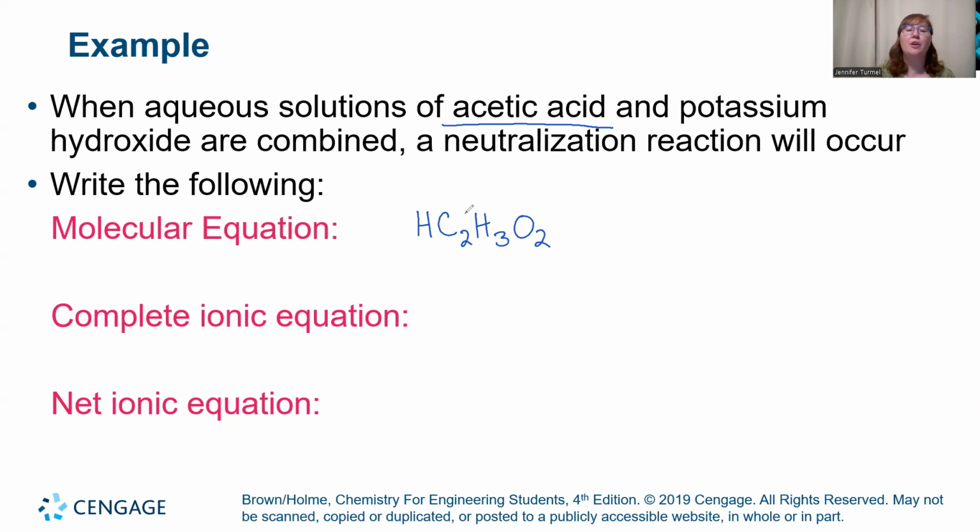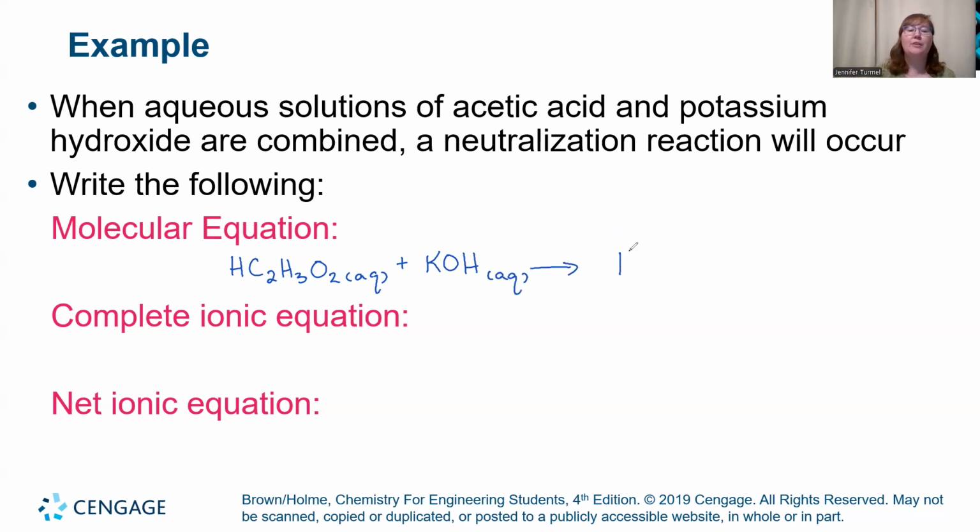It's a proton on our acetate, and it's listed as aqueous. I'm going to start this in a slightly different place so that I have a little bit more space here. So again, we have HC2H3O2, and it's aqueous. And we have potassium hydroxide, and that is aqueous.